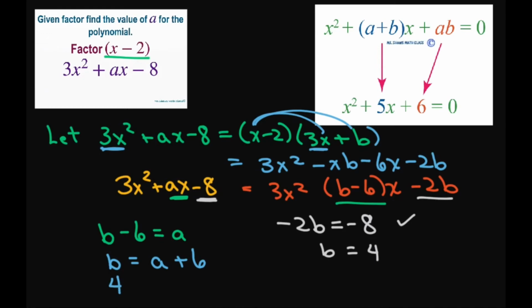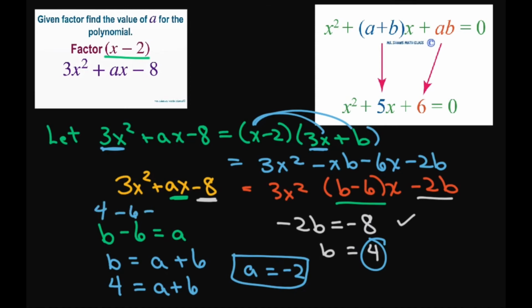So we have 4 equals a plus 6, and we're looking for a, right? So a is going to equal negative 2. I'll just substitute in 4 here. I could have just done that. So you could have done 4 minus 6 equals a. So you get a equals negative 2.